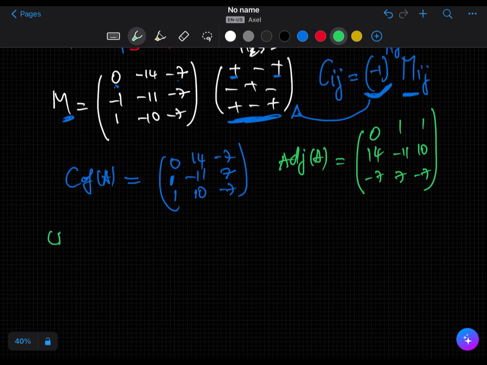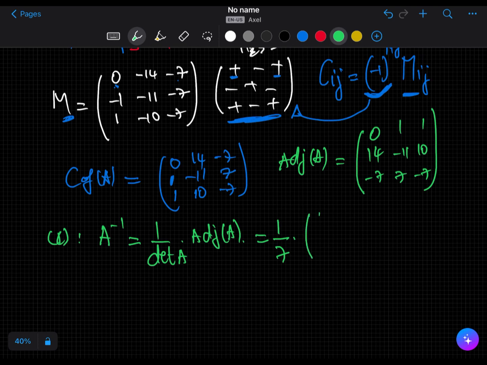Now, if I want to find the inverse of this matrix, I know that the inverse of A is 1 over the determinant of A times the adjoint of matrix A. So I already have the determinant 7, right? Then I can just write the adjoint matrix.